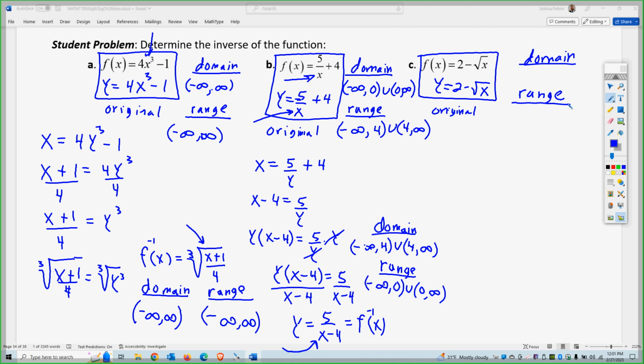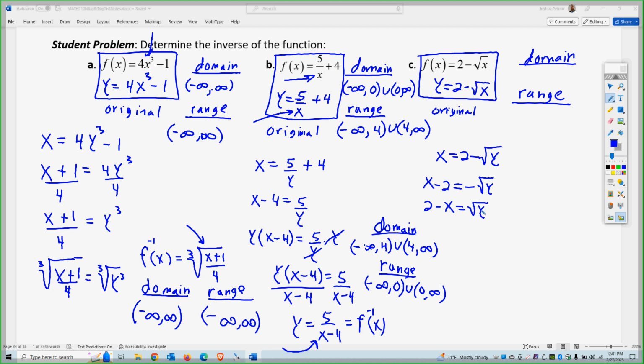Okay, so we'll switch the variables and we'll get x equals 2 minus root y. All right, so I'll subtract 2, so I have x minus 2 equals negative root y. I'll divide by negative 1, so I get 2 minus x equals root y.